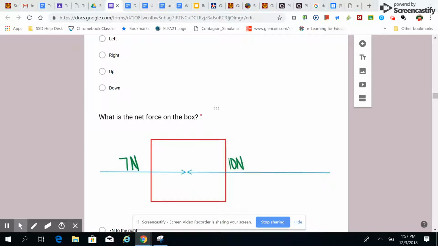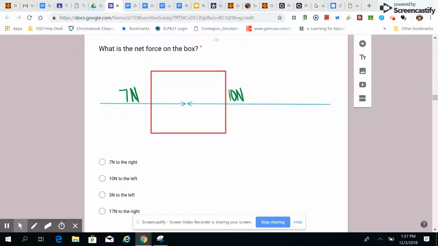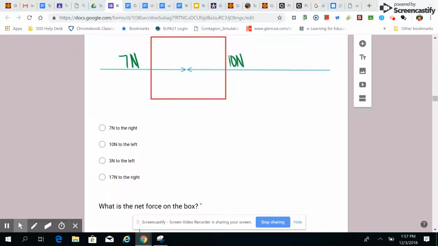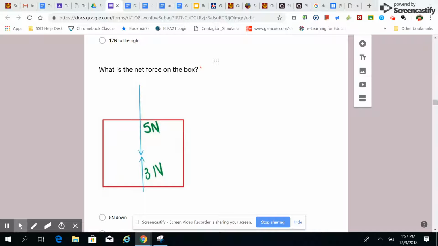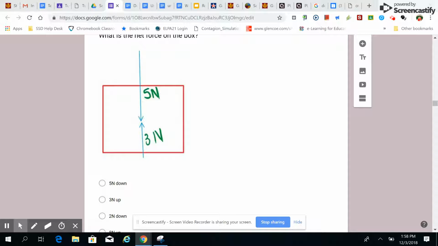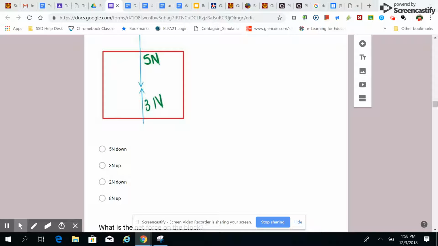What is the net force on the box? 7 newtons to the right, 10 newtons to the left, 3 newtons to the left, 17 newtons to the right. What is the net force on the box? 5 newtons down, 3 newtons up, 2 newtons down, 8 newtons up.